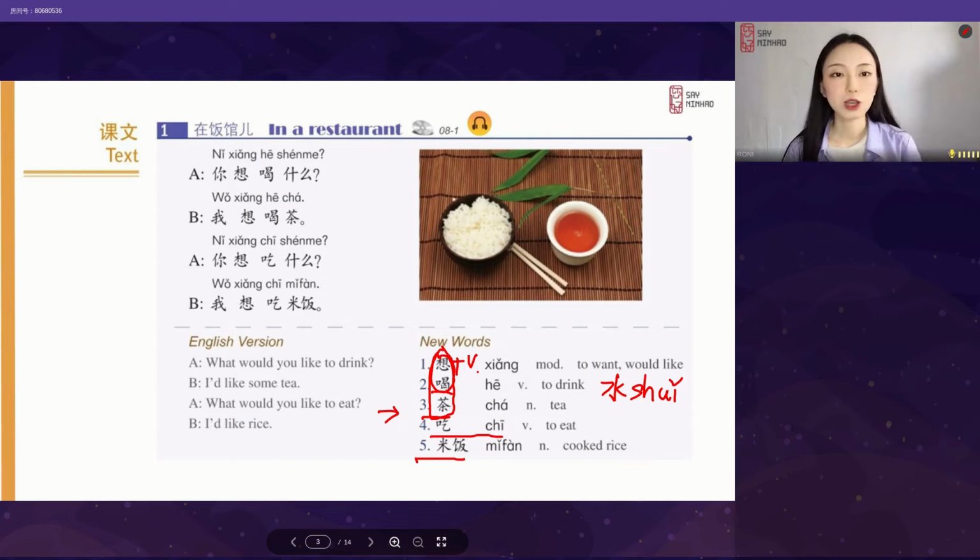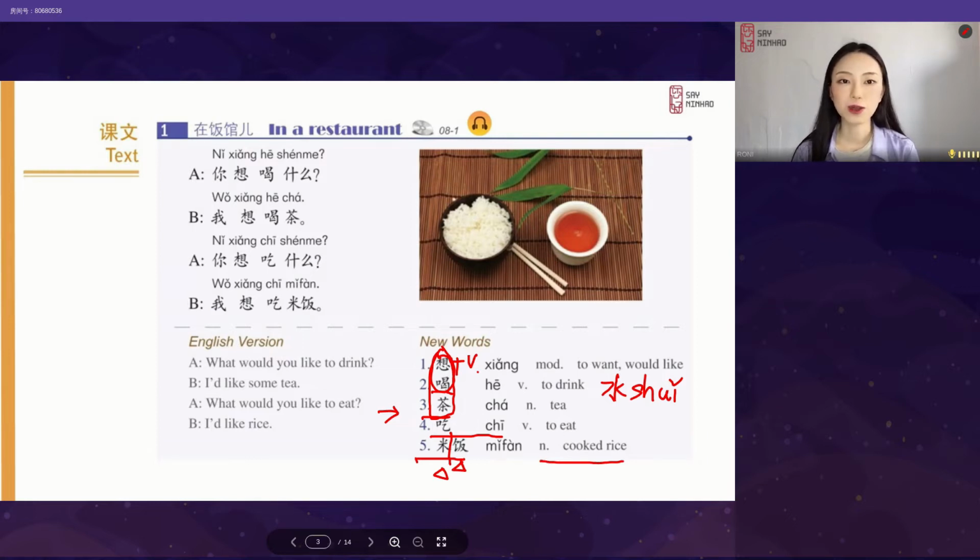It means cooked rice. In 米饭, 米 means rice, 饭 means meal, so the meal made by rice, which is cooked rice. Okay, 米饭. So try to say I want to eat cooked rice.